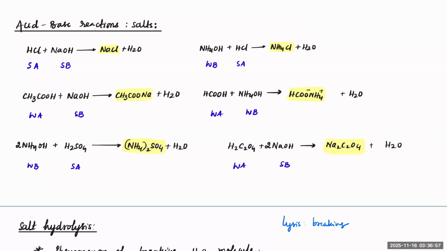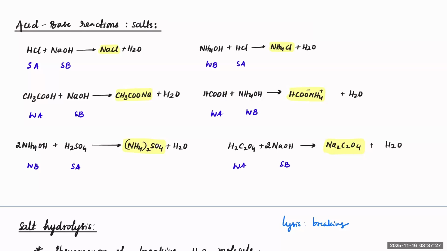So whether it is a strong acid, weak base, weak acid, strong base, any combination, what is the learning here? That reaction will definitely happen and it will form salt and water. So whether it is strong or weak does not make any difference. The reaction is bound to happen. Imagine if I take equal quantities, everybody.